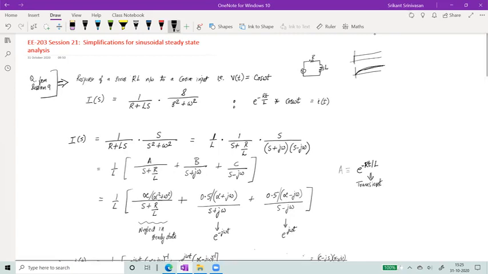So if this is the input V of t, this is the current I of t.